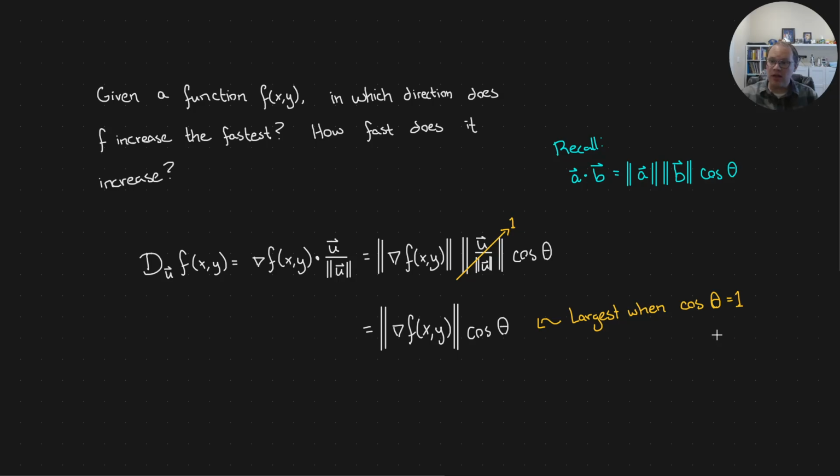And if we limit ourselves to an angle where theta is between 0 and pi, then theta would have to be 0, right? Cosine of theta equals 1 when theta equals 0.